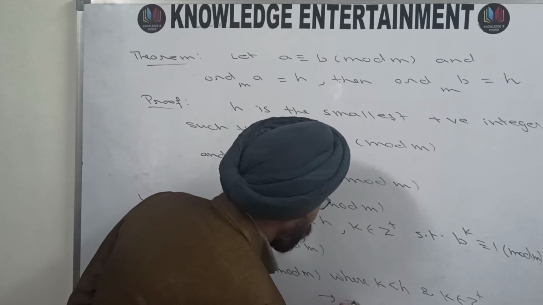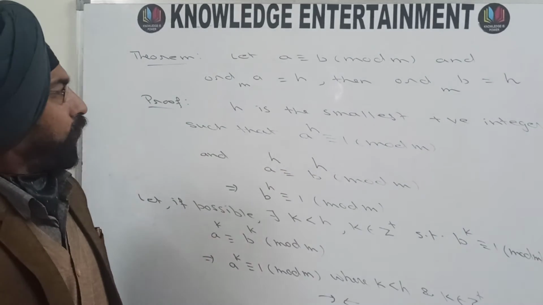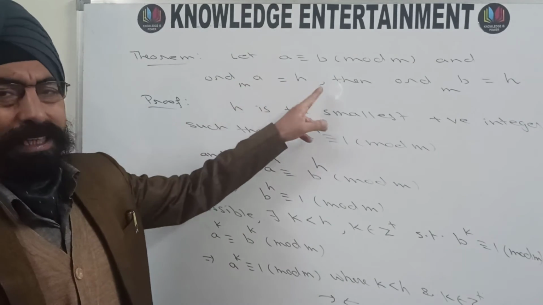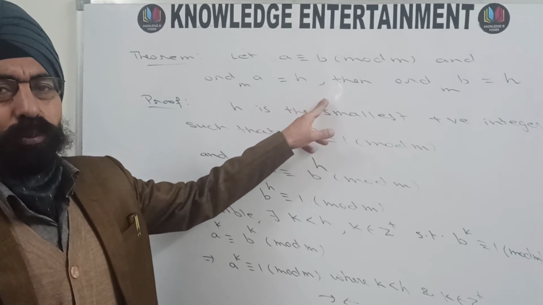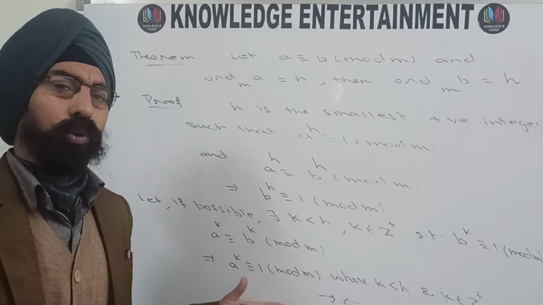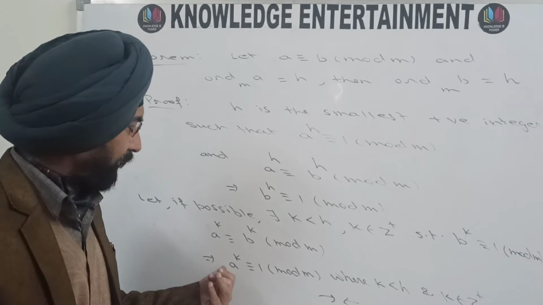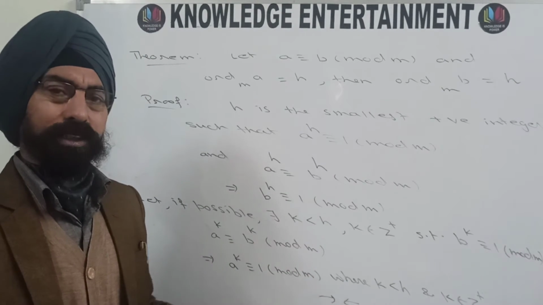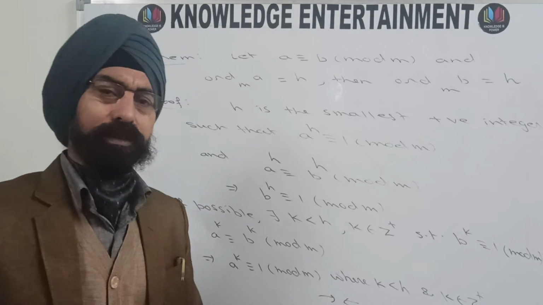And this is a contradiction because order of the element a modulo m is h. So h must be the smallest positive integer satisfying this condition, and k is less than h. So how can k satisfy this condition? That means a power k congruent to 1 modulo m is not possible. So we are arriving at a contradiction.